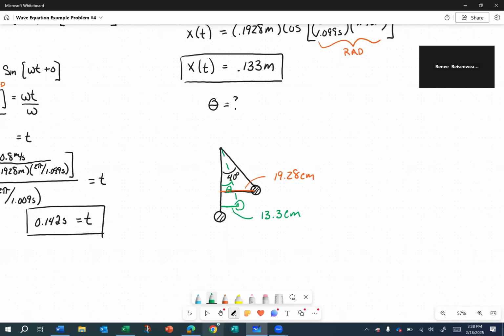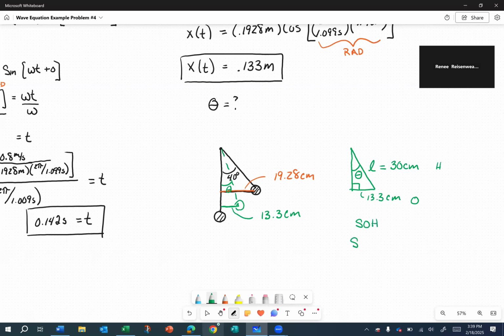If I go off to the side and redraw that triangle, it is still true that the hypotenuse of the triangle is the length of the pendulum, 30 centimeters. So we're looking for this angle theta. We know this side to be 13.3 centimeters. So I have the hypotenuse and the opposite side. The O and the H go with SOH.